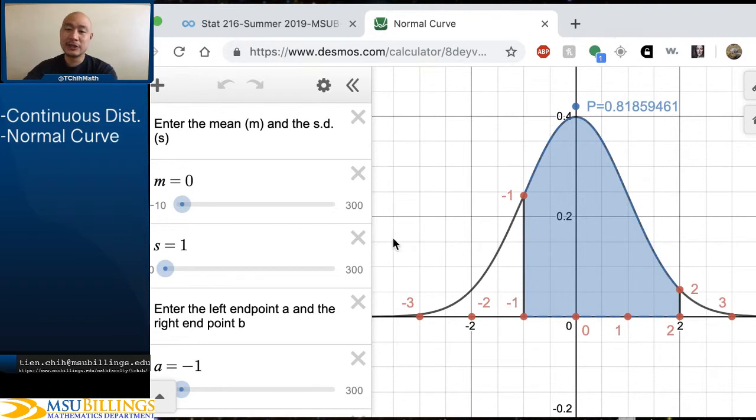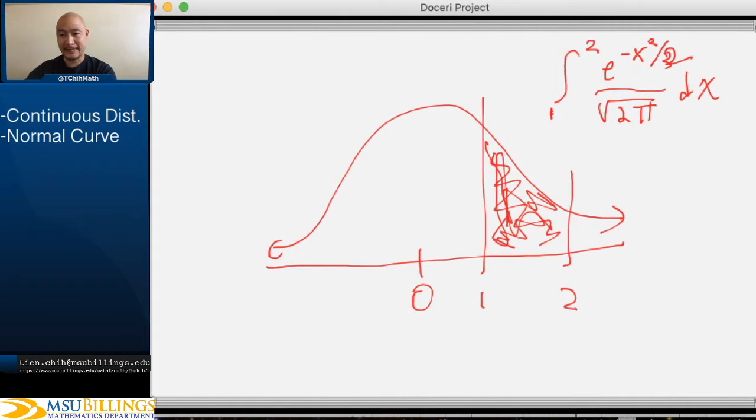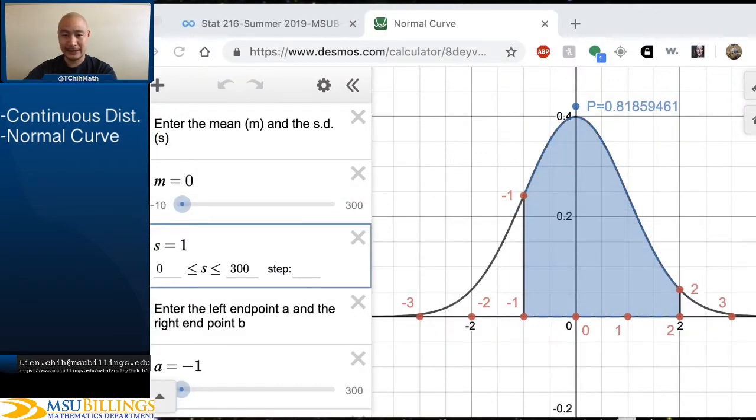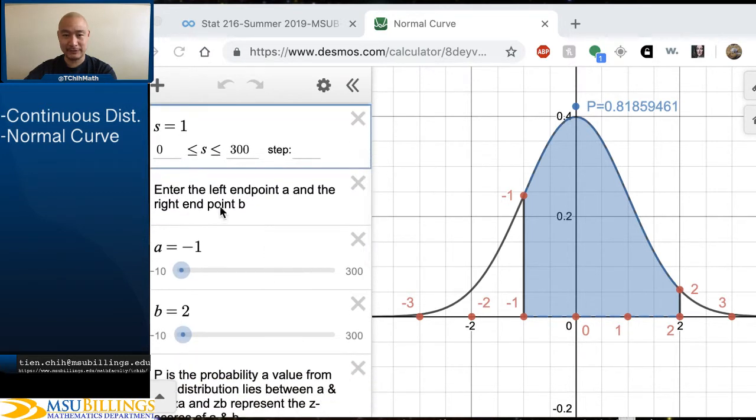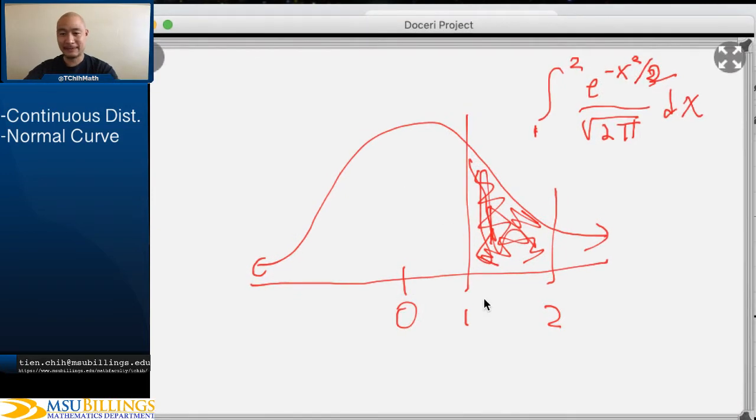All right. So with that rant aside, here we have the mean and the standard deviation. So that's the mean, which is 0, and the standard deviation, which is 1. And so, again, we want to find the area between 1 and 2. If we read the description here carefully, it says enter the left endpoint A and the right endpoint B. So if I look back at my curve here, my left endpoint is 1, my right endpoint is 2.